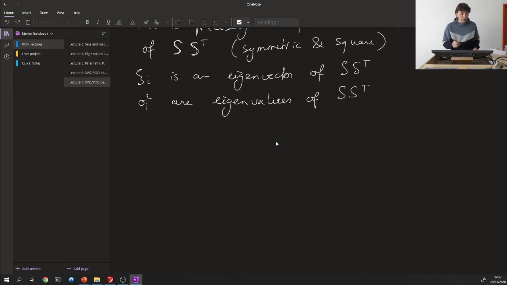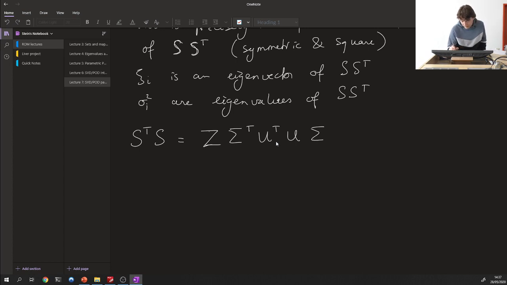Now let's see, I think we can do the same trick, but now in reverse. So we're going to consider the matrix S^T S. And what do we get if we carry out the matrix multiplication? You would get Z sigma^T U^T U sigma Z transpose. I can already see what's going to happen here.